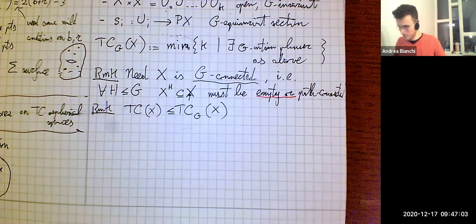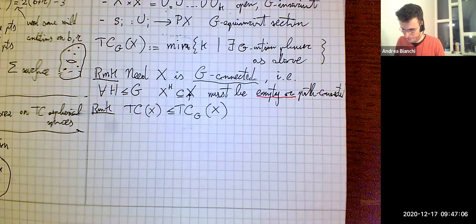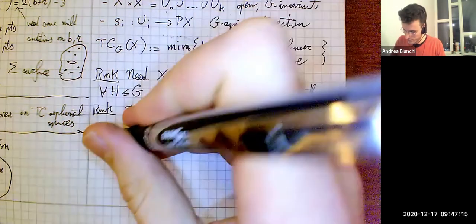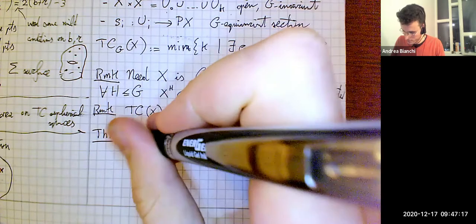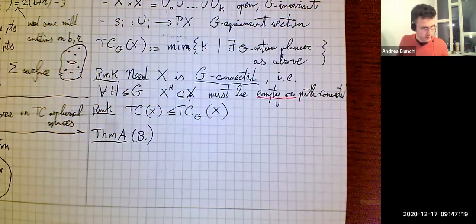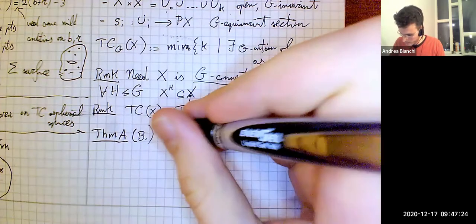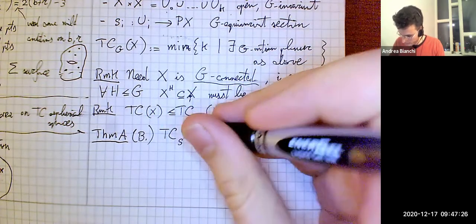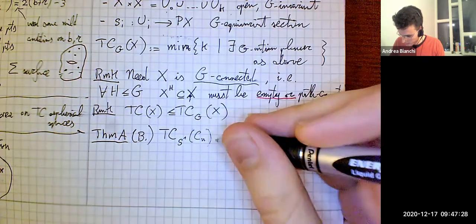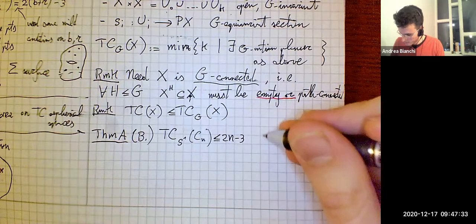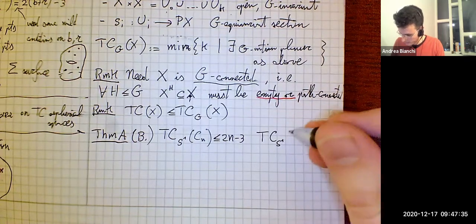Okay, so let me now tell you the first theorem. Let me call it Theorem A. The first theorem says that the equivariant topological complexity of Cn is at most 2n minus 3, and also in the ordered case.